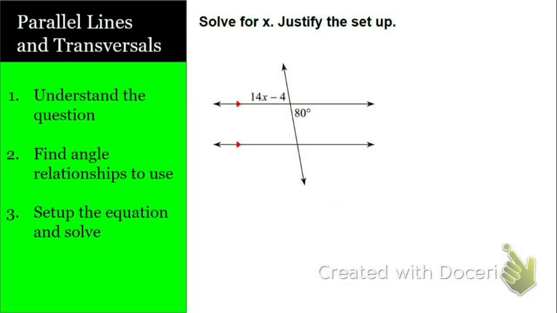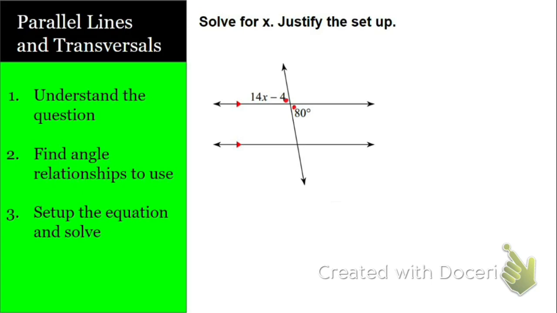Example 1 says solve for x, and we're going to justify the setup. In example 1, we're looking at 14x minus 4 in this corner, and then we have 80 in this corner here.